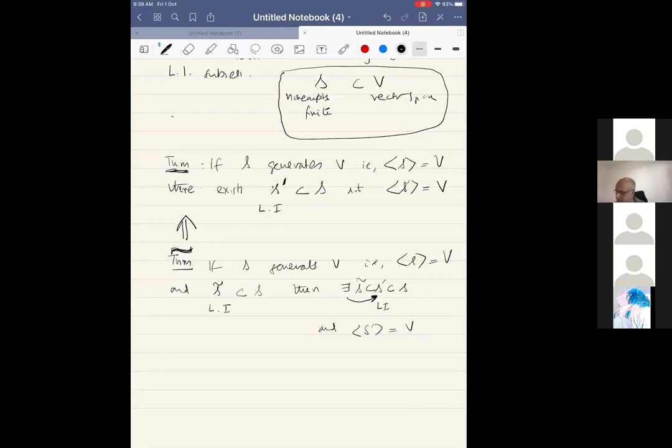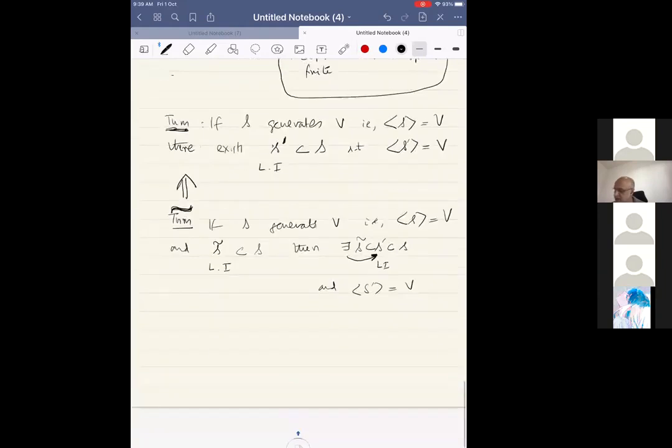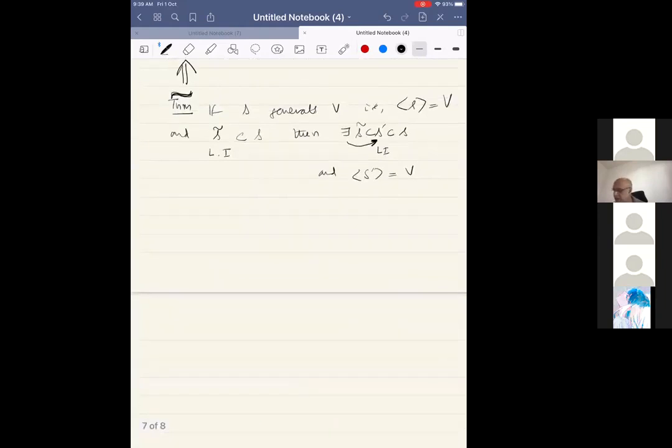Understanding the statement of the theorem takes you more CPU time than actually writing down a proof. But you should understand the theorem, and it should be integrated into your ways of thinking about vector spaces. These are not things that you remember as some strange result.